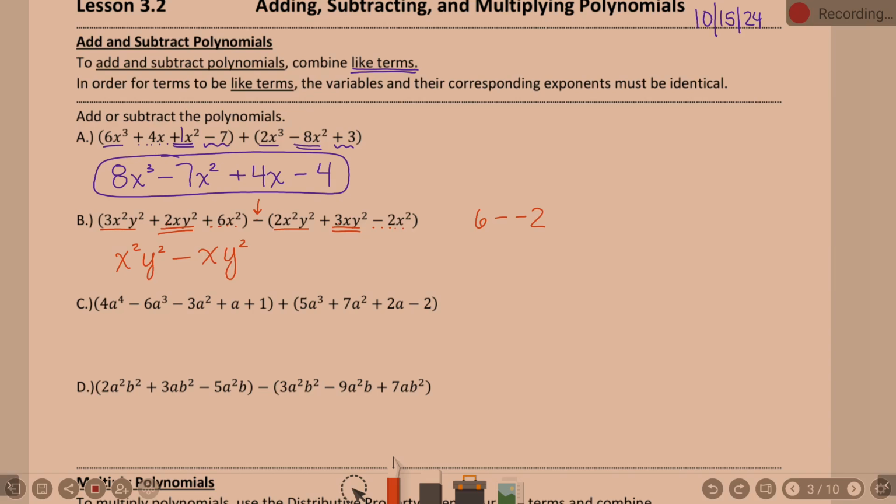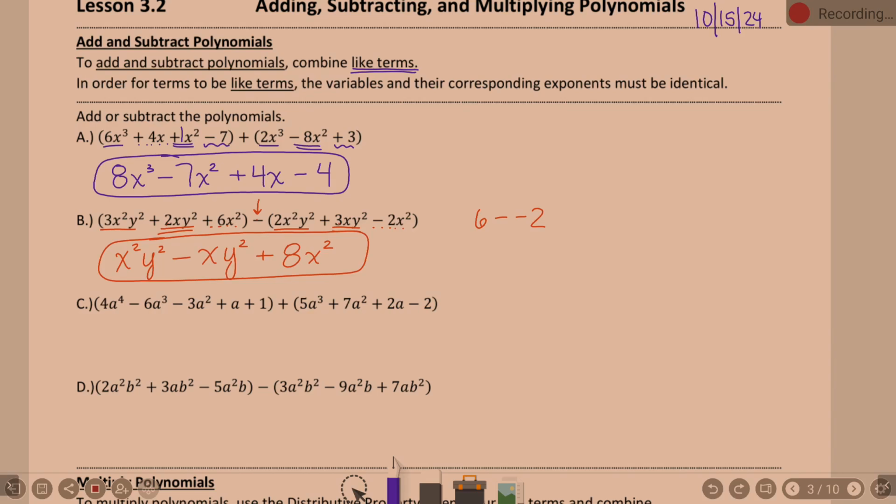And so as several of you have indicated, you do end up adding. 6 minus negative 2 ends up being positive 8x squared. Anything else? No. You're done there. Are we good? Okay, let's keep moving.